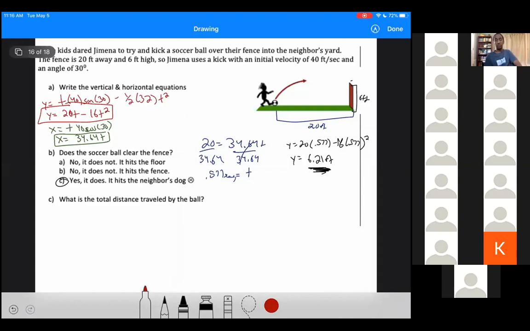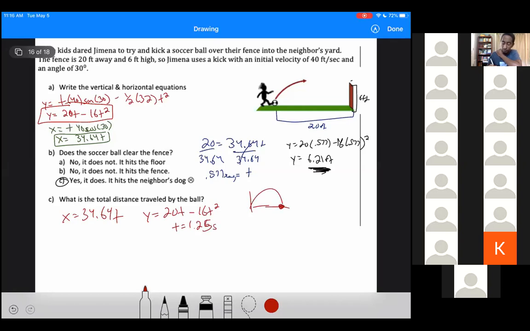Okay. Can someone help us out with the next part? I graphed the y. And it gave me t as 1.25. So when you graphed it, you looked at right here. Yeah.